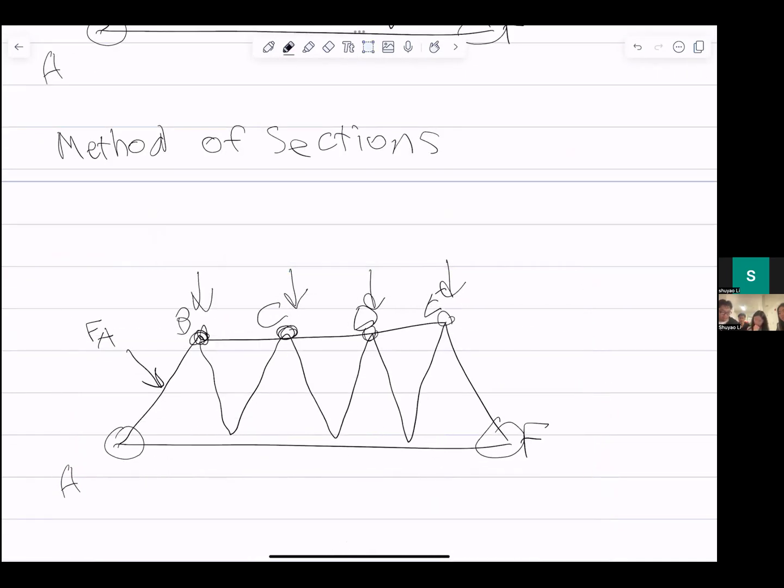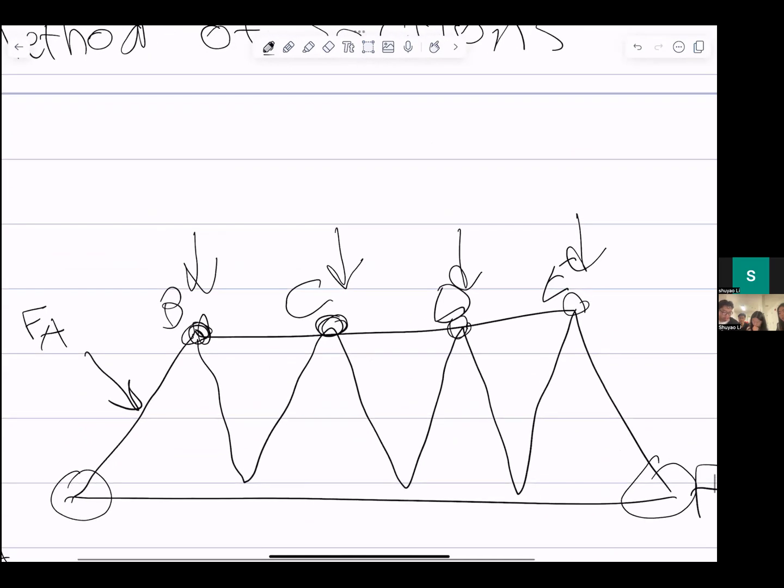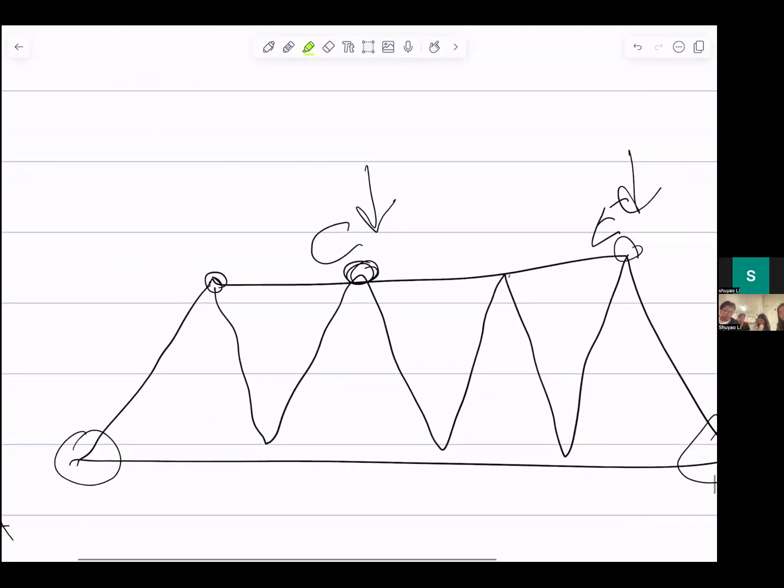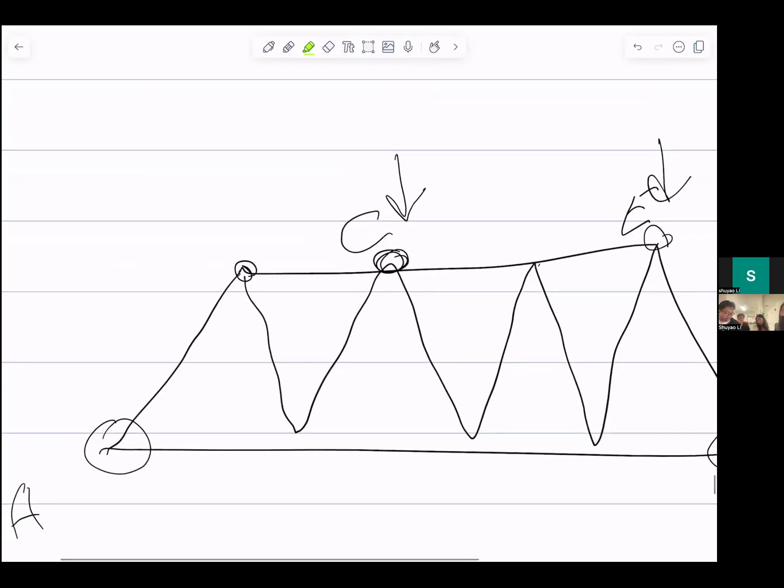Say we brought down the image and we wanted to make it into a more realistic scenario. Let's have this here, and the only applied loads are at C and E. And we wanted to find the force in A, B, here and here, and here and here.